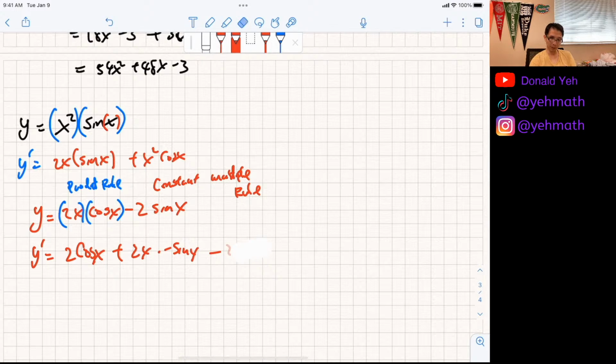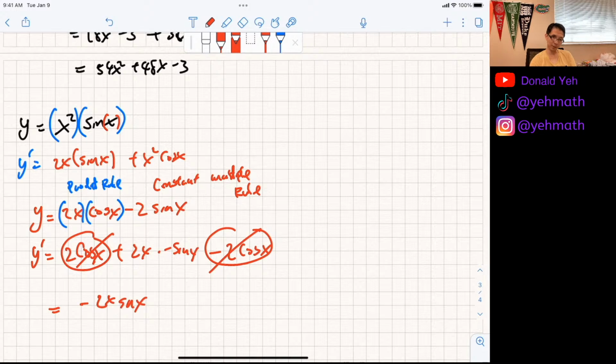The derivative of sine of x is what? 2 cosine of x, right? Does that make sense so far? Now can this thing cancel out? So it'll be negative 2x sine of x. Where do I get the negative sign? The derivative of cosine of x is equal to negative sine of x, because I leave the first term alone and take the derivative of cosine of x, which equals negative sine of x.